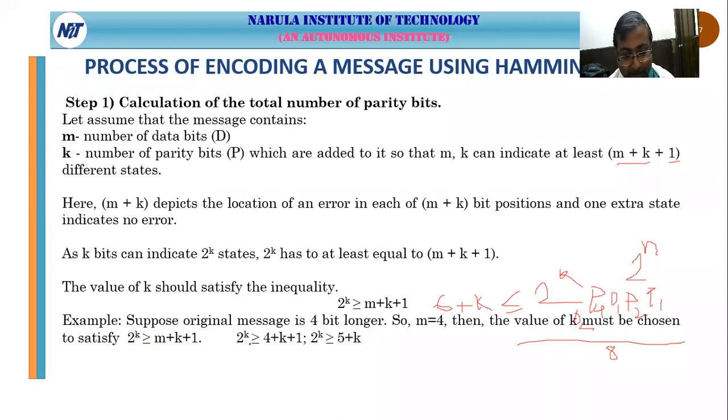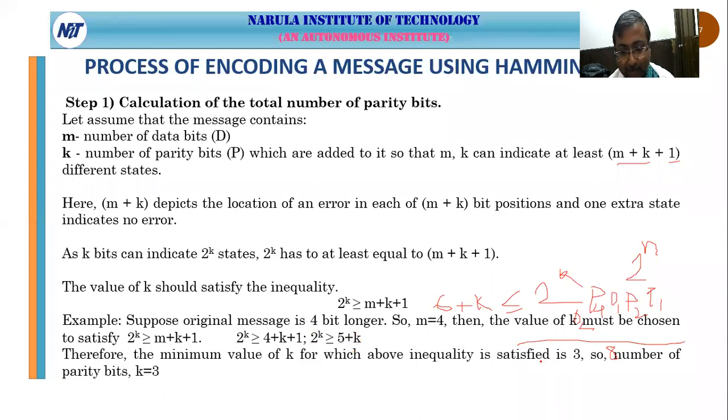So that means 2 to the power of K greater than or equal to 4 plus K plus 1, that is 5 plus K. So K should be 3. So the total number of parity bits should be 3, that means P1, P2 and P4: 2 to the power of 0, 2 to the power of 1 and 2 to the power of 2.